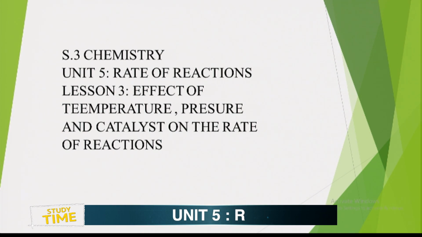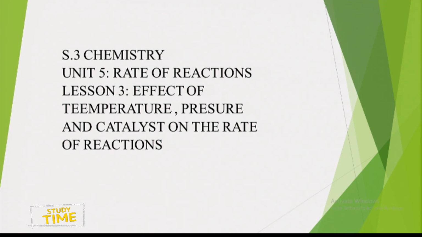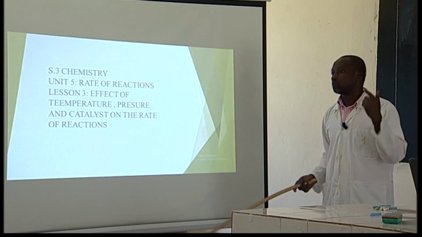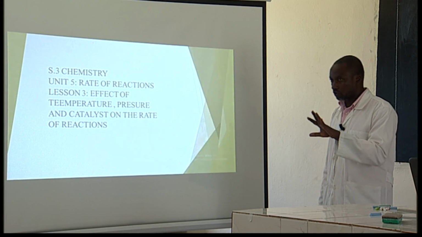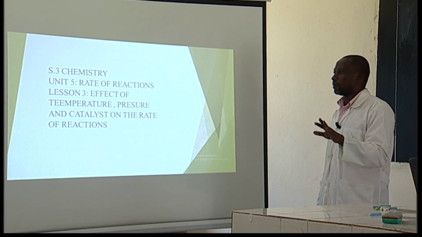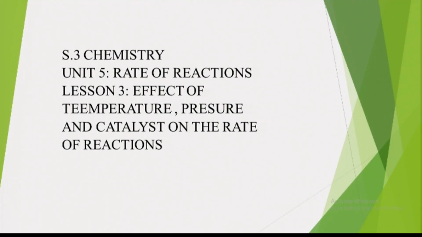In the first lesson, we looked at measuring the rates of reactions and different methods. In the second, we looked at the effect of concentration on the rate of reaction using the experiment that we did together, the demonstration. I hope you still remember that. So this is lesson number 3.